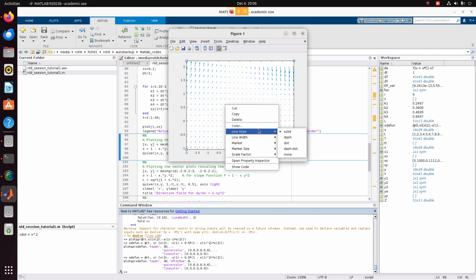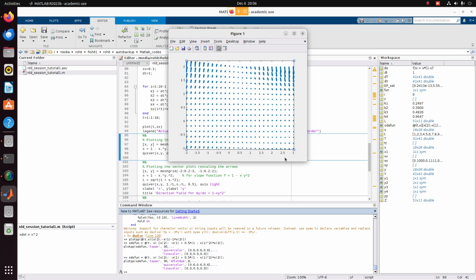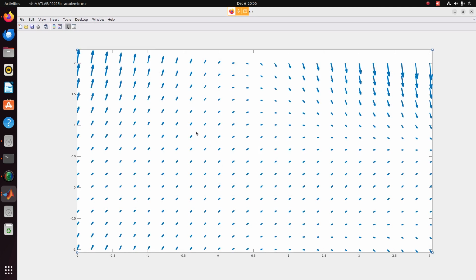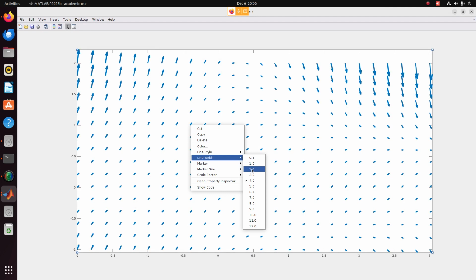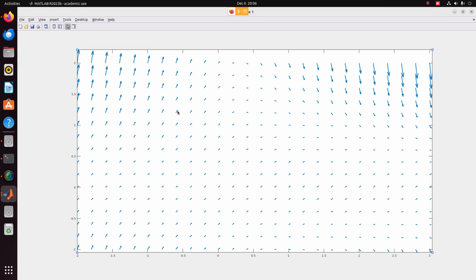So you can see the vector field, the vectors projecting in the path along which the system x dot equal to 1 minus xy square is going. You can see how the vector field evolves like this. So the quiver plot can give you this vector field.